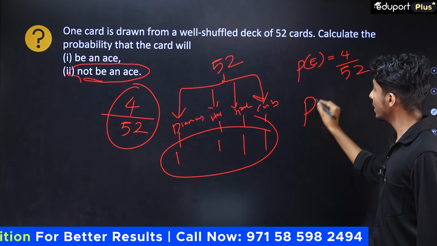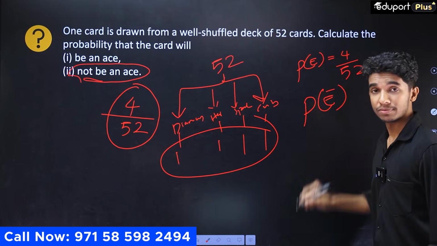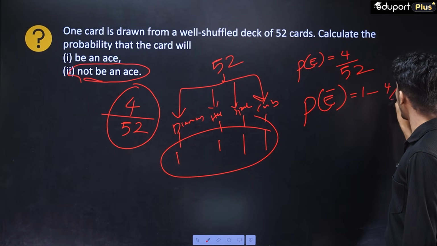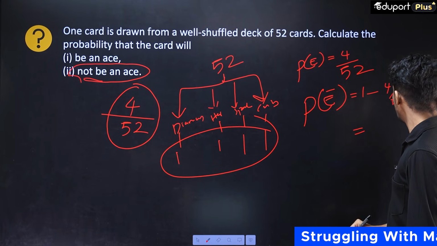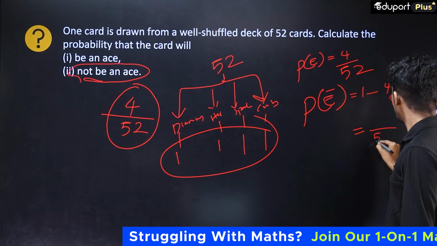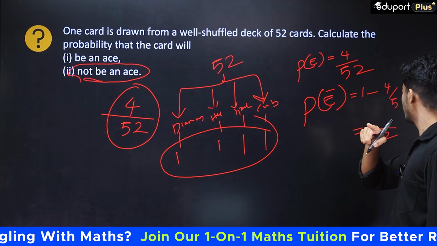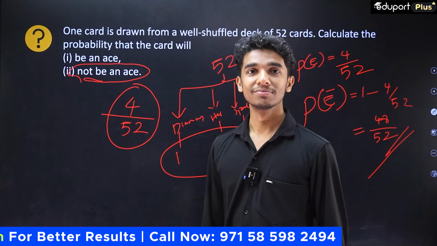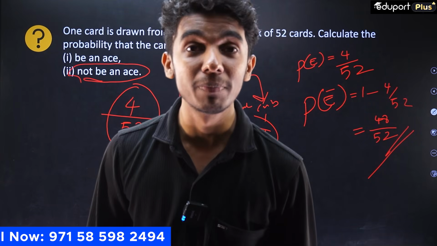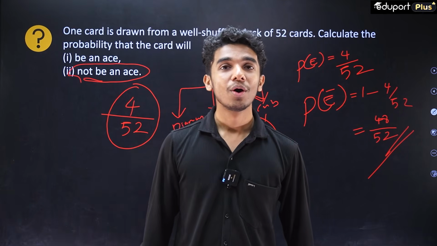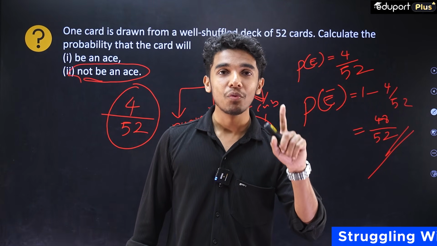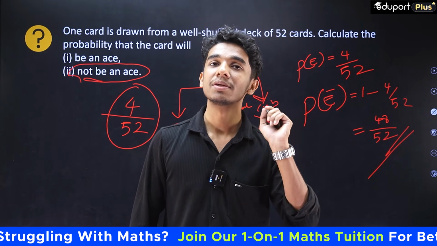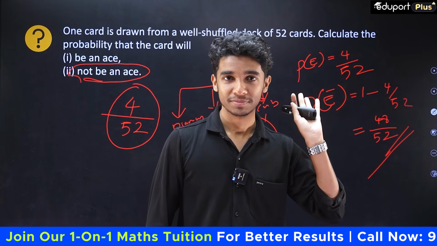So the probability of not getting an ace, P of E complement, will be 1 minus 4 divided by 52. It's 52 minus 4, which is 48 divided by 52. So the probability of the complement is 1 minus the probability of the event happening.